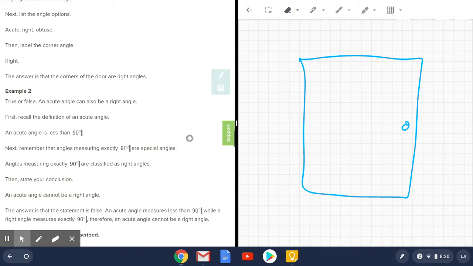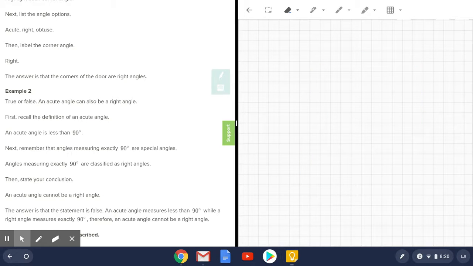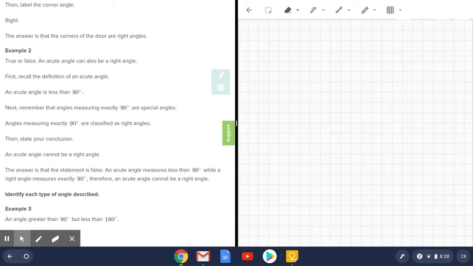All right, so example 1, we found out that Mark was looking at a bunch of right angles on his door. Let's look at example 2. True or false? An acute angle can also be a right triangle. So we know an acute angle has to be less than 90 degrees. Now, we have to remember that angles measuring exactly 90 degrees are special angles.